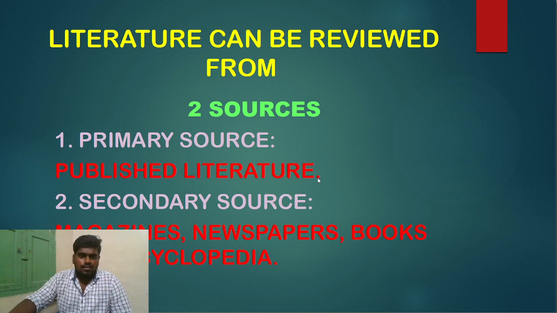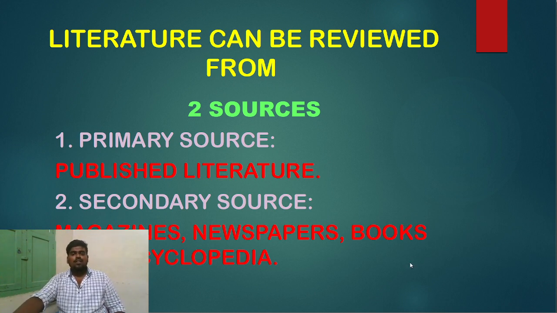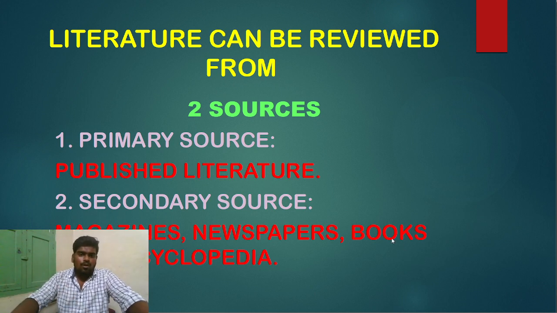We have so many journals, and from there we have to take our primary source of information. For secondary sources, we cannot cite them in our own paper, because we don't have any author for that, we don't have any proof for that. So secondary sources will only support our own knowledge, and they won't support our paper. So always stick to the primary source and not to the secondary source.